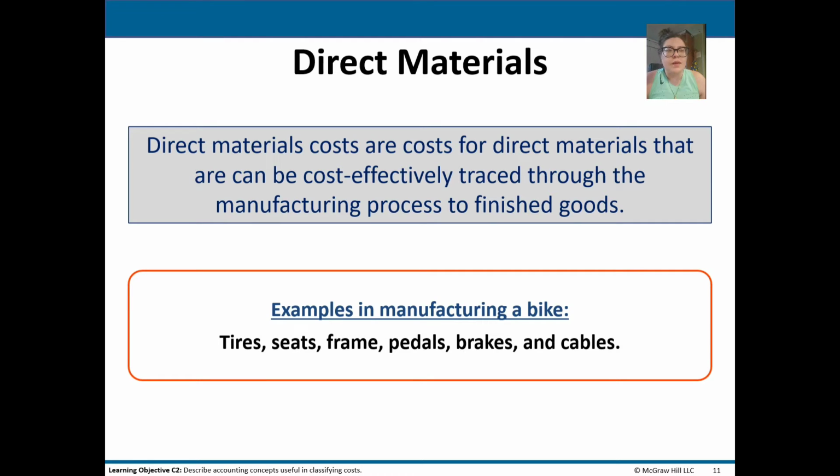Direct materials would be the tires, the frame, the handlebars, the rubber, the cables, the pedals. All of those things would be direct materials in the manufacturing process of a bike.